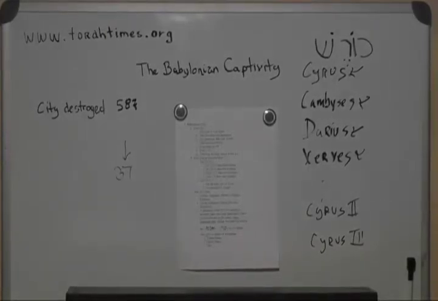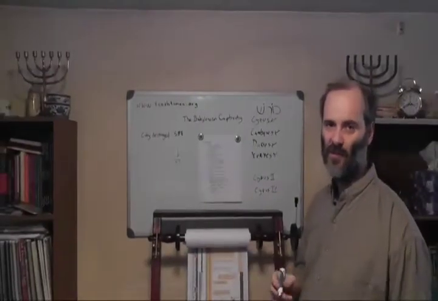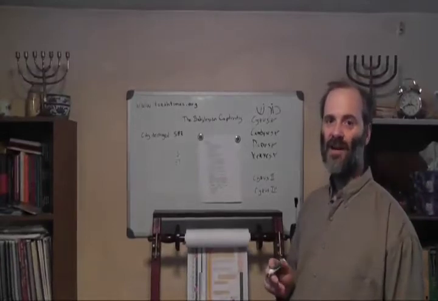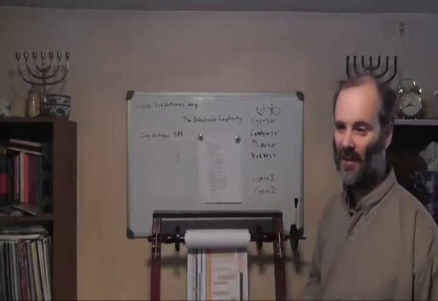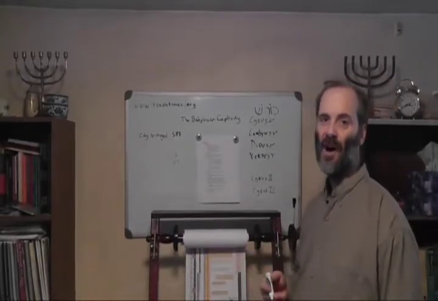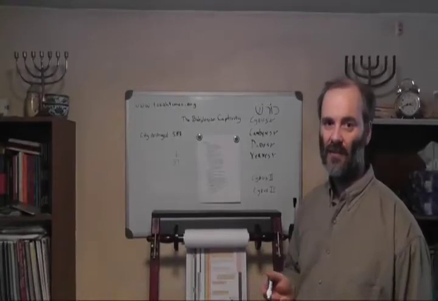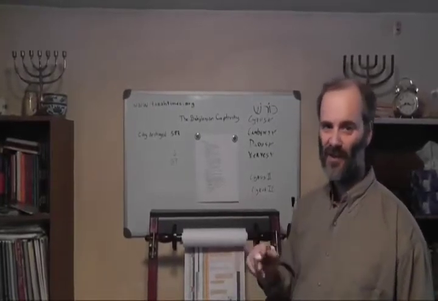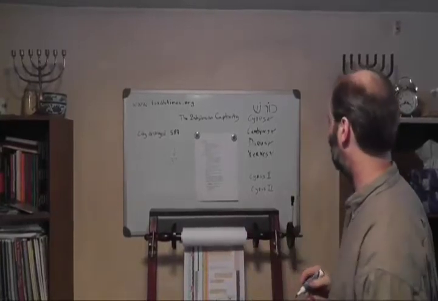When you have empire-sized empires, 127 provinces of Persia, the monarch tended to add title after title after title. By some of them you could go 5 minutes saying what all their titles and awards and everything are. But typically they only used one title. That doesn't mean that they didn't own or have the rights to the other titles.